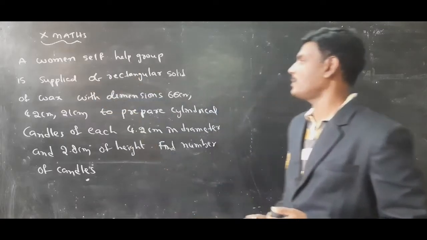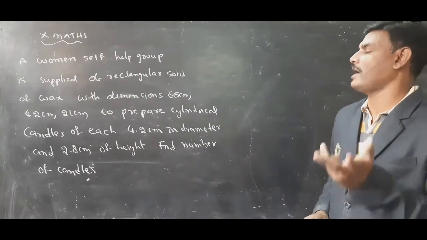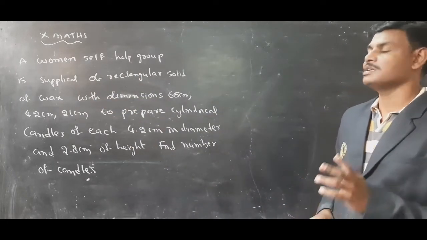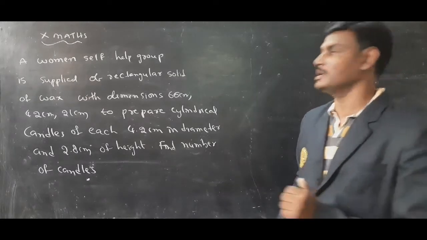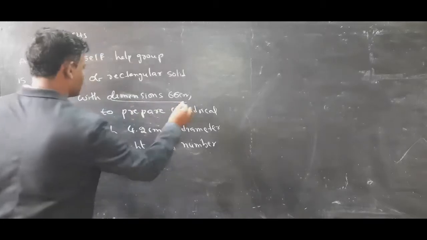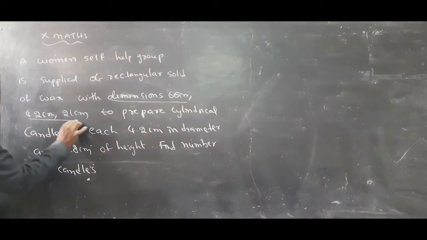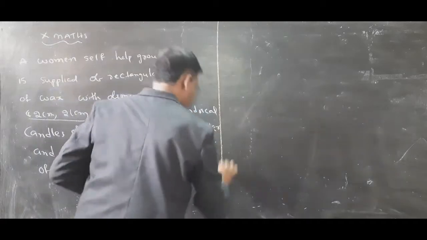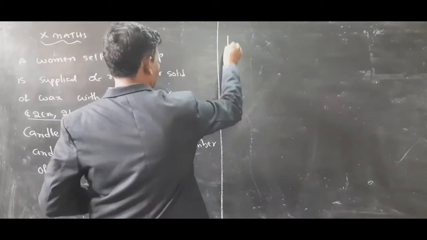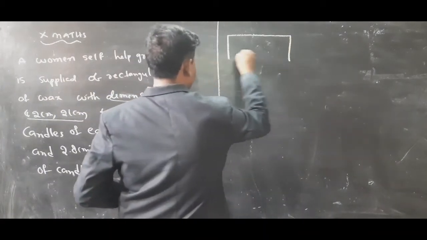A self-help group is supplied with rectangular solid bags with dimensions 66 centimeters, 42 centimeters and 21 centimeters. It means the bag is in the shape of a cuboid.